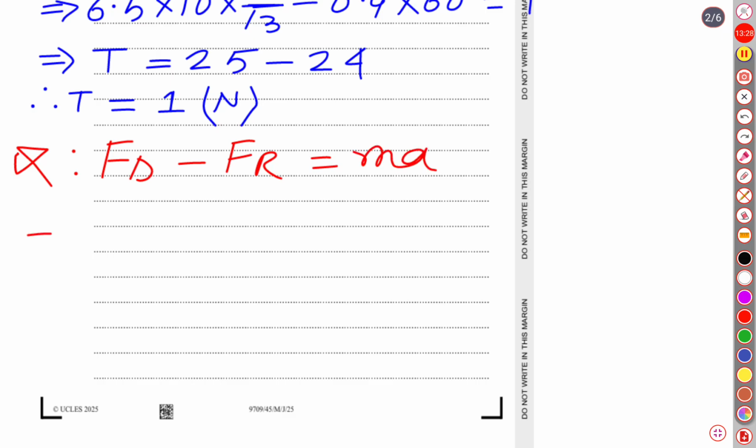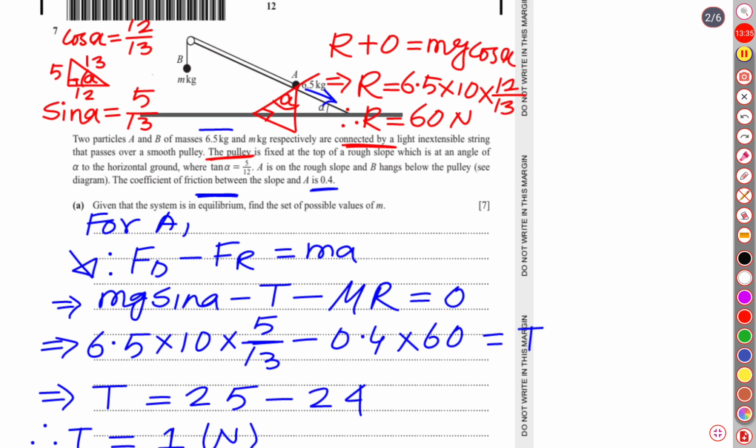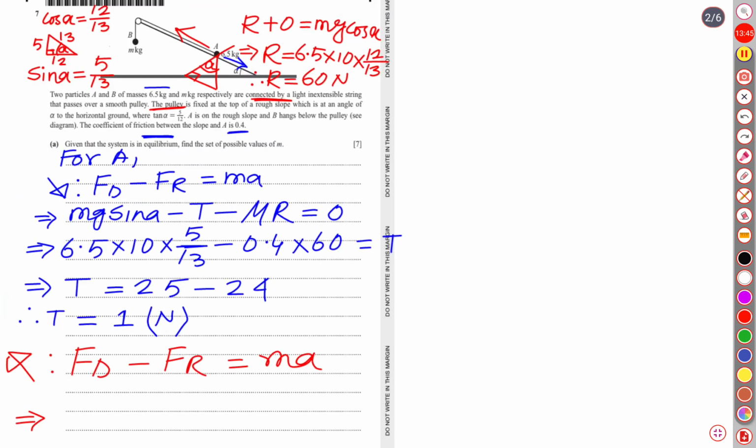Okay, if the particle is moved up, then what is the force actually here? Look at this, if the particle tries to move up, what is the force? Nothing but the tension. Only tension is trying to move the particle upward. So we will write tension as the driving force. And what are the resistance forces?